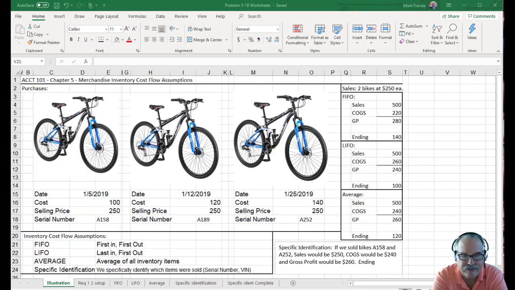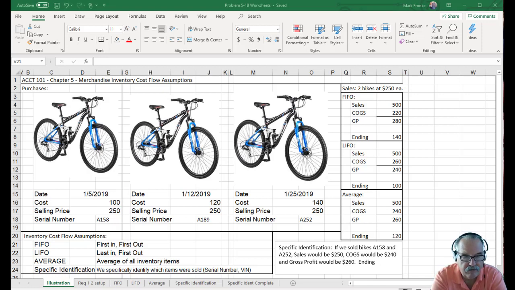In most cases, historically, prices have gone up, and that's what we call inflation. But in some cases, we might have deflation. Typically, electronics get cheaper over time because of changes in technology. But the point is, when prices change, we have to have a systematic way of tracking those prices.